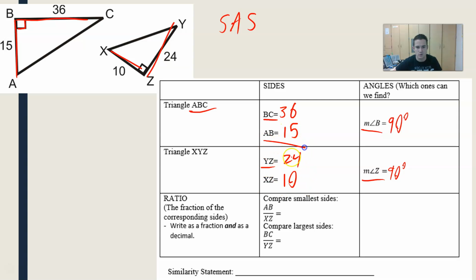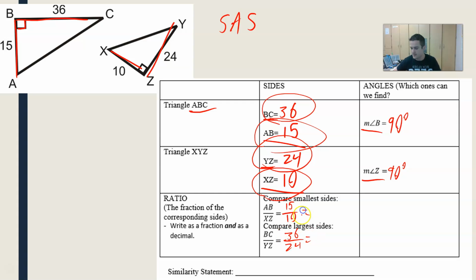The smallest sides were AB and XZ, so 15 divided by 10, and the largest sides were 36 and 24, so 36 over 24. 15 divided by 10 is 1.5. 36 divided by 24 is also 1.5.